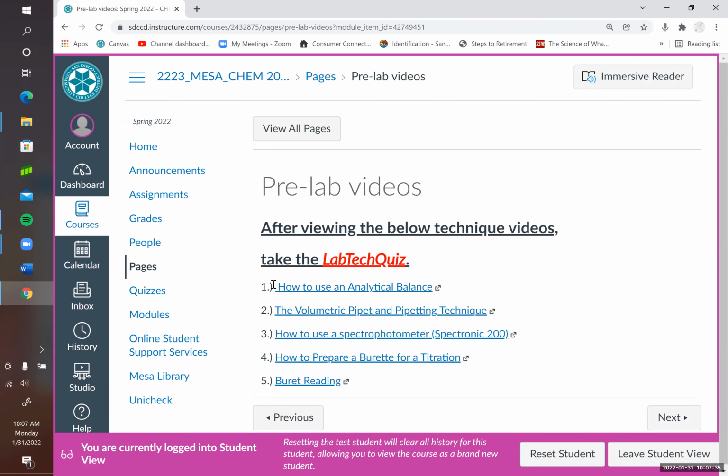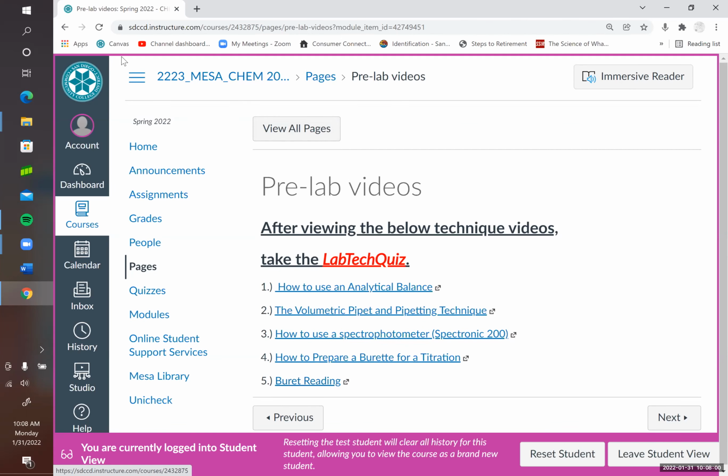And so this one here is on how to use the analytical balance. Then volumetric pipetting and pipetting techniques, the spectrophotometer, burette, and burette reading. All of these things you're going to need to know how to do to be successful in the lab. So you want to check those out.